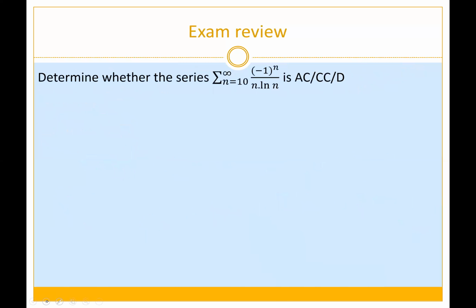Now again, you have an alternating series. So the first thing I'm going to do is see if you can identify whether 1 over n ln n is convergent or not. If this one is convergent, then you can conclude that it's absolutely convergent because it's the absolute value of the series.